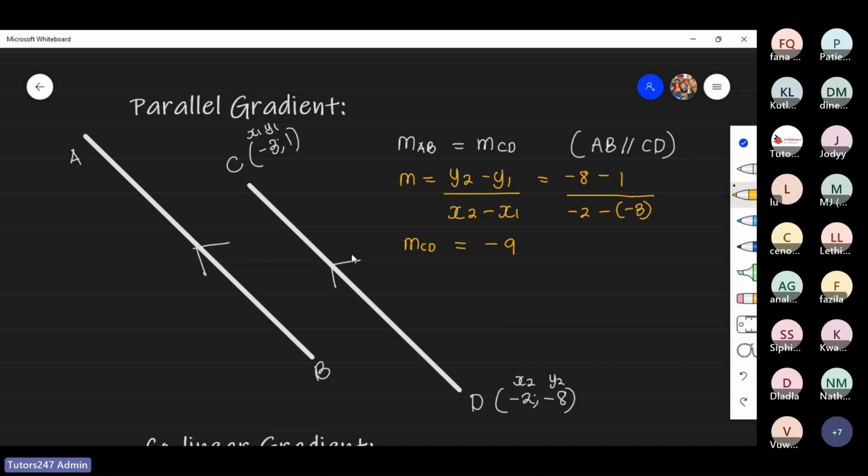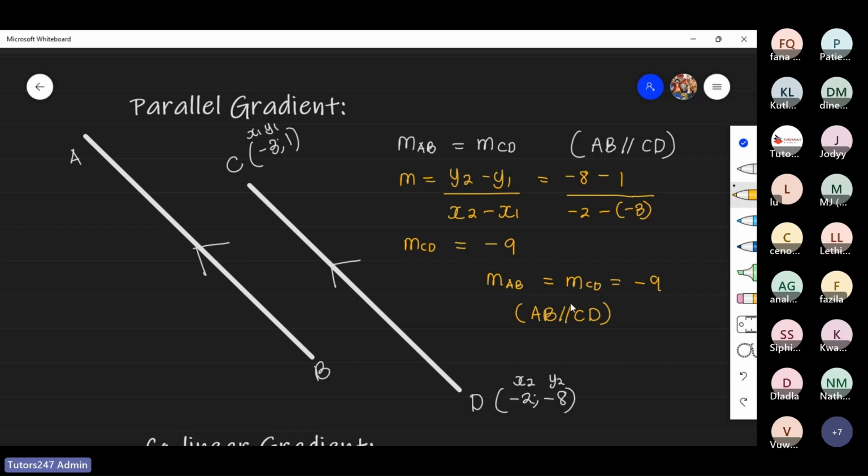Now keep in mind the original question was, what is the gradient of the line AB? So we can say that the gradient of line AB is equal to the gradient of the line CD, which is -9. And the reason is because AB is parallel to CD.